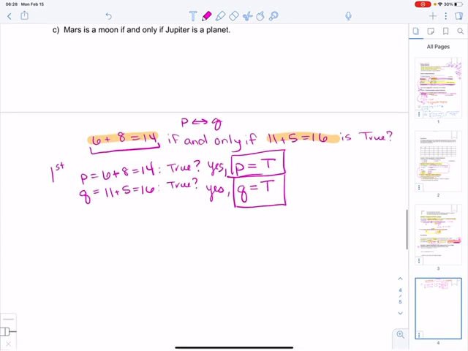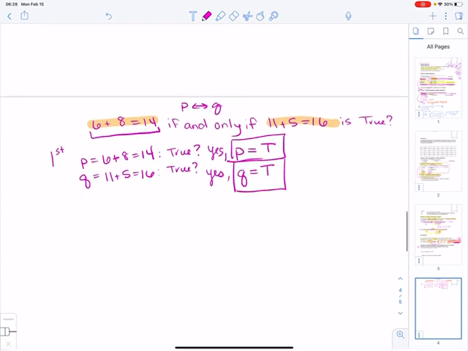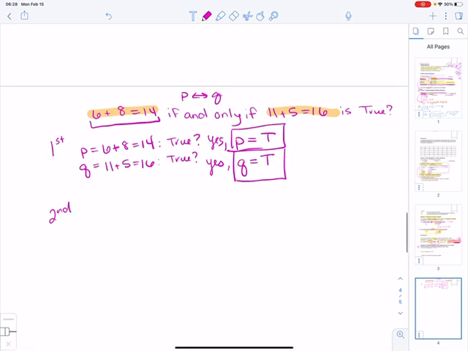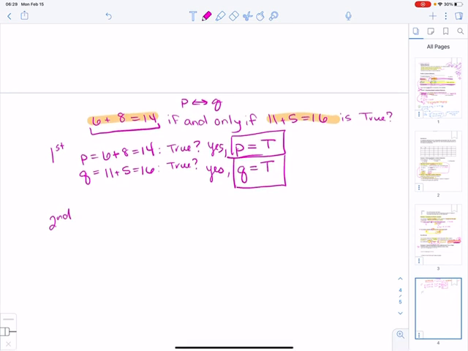Our second step is we're going to sub P and Q into our P if and only if statement, which we know is congruent to P implies Q and Q implies P, because you have to look both ways here.